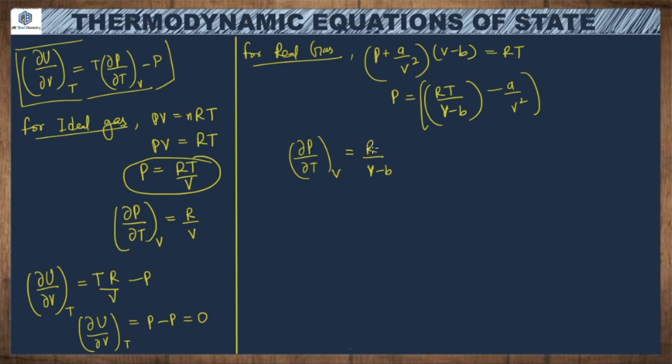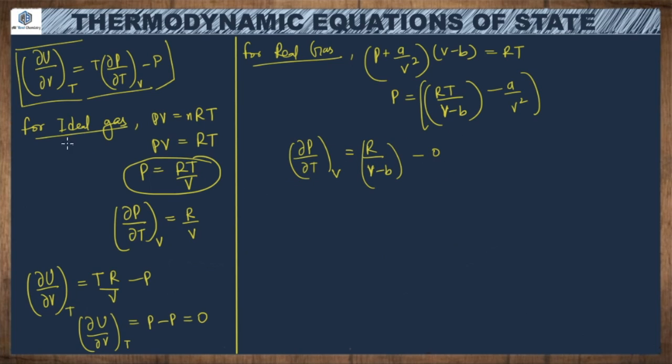So that is one part. And minus A upon V square, if you differentiate it with respect to T keeping V constant, the whole of this thing is a constant term, and the differentiation of a constant is 0. So you'll just get 0 over here.